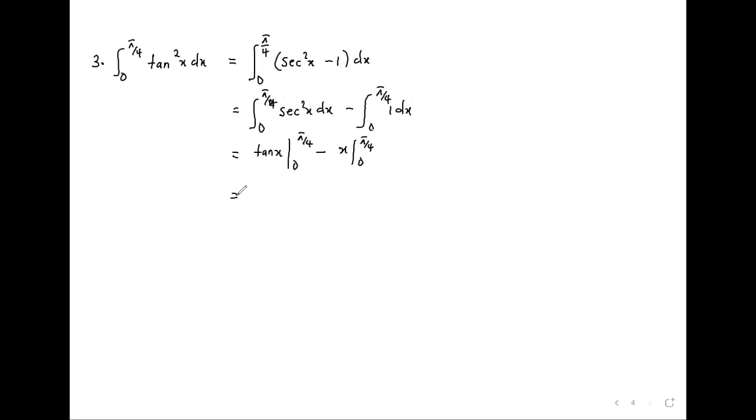When you put pi over 4 where there is x here, we have tan pi over 4 minus tan 0 minus pi over 4 itself minus 0. Tan pi over 4 is 1. Tan 0 is 0. So go straight to 1 minus pi over 4. This is our solution.